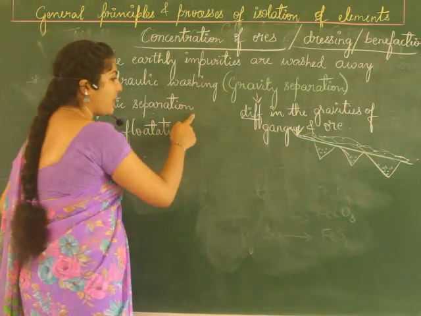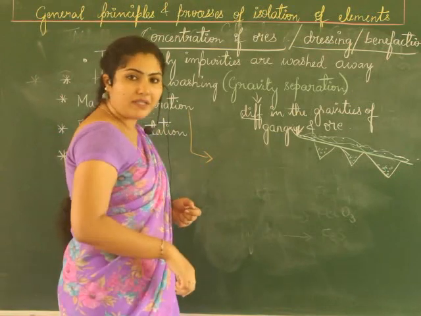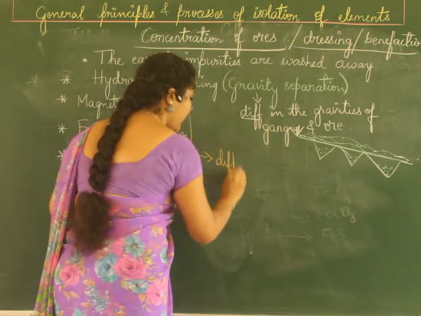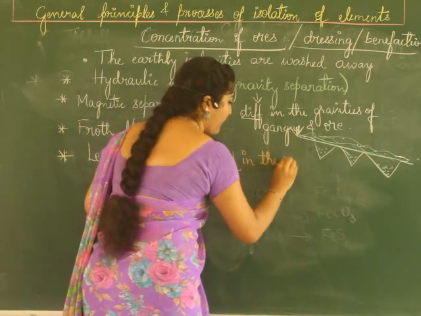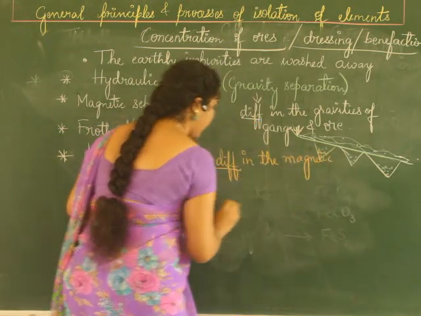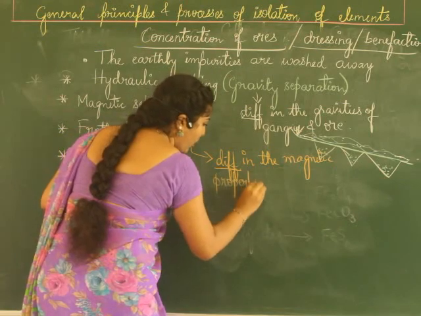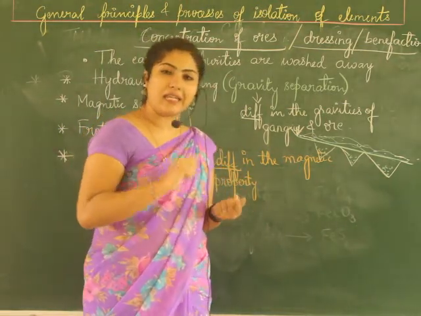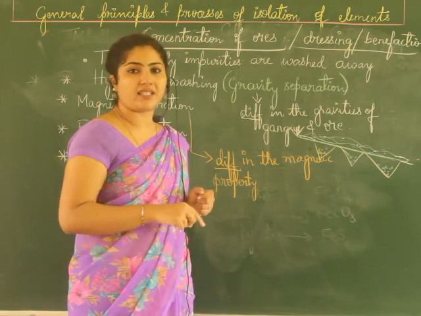In the magnetic separation method, let me tell you the principle of this. The principle is the difference in the magnetic property. You can even remember it this way: either the gangue or the ore particle must be a magnetic substance.